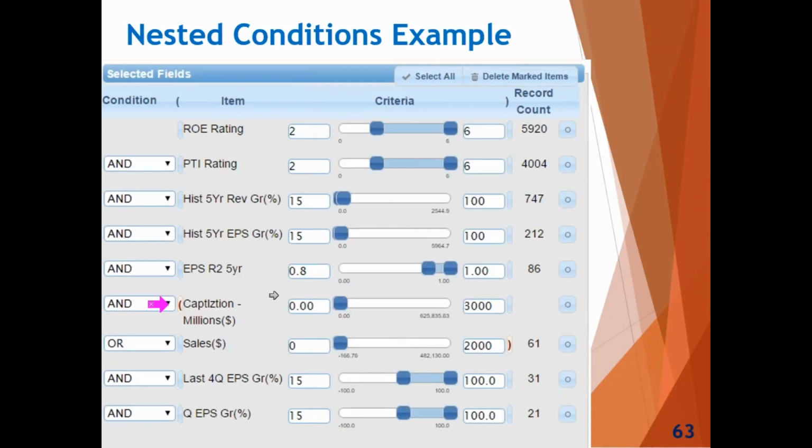And capitalization below 3 billion or sales below 2 billion. And then I've got my parentheses off. Right, and then I keep going, and a bunch of other quarterly growth and earnings growth has to be a certain value. So what I'm saying is I want to see all these values above, but I want companies within a particular range of size, either by market cap or by sales.